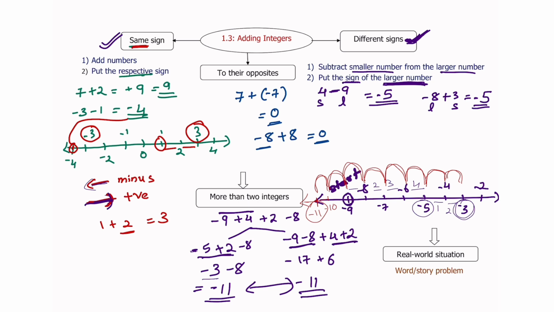And the final one here, you see, real world problems. Well, I'm not going to solve them or explain them here. This becomes clearer when we do the actual questions. The process to solve a real world situation is the same. Either you'll have the same sign, different signs, they will be opposites, or there will be more than 2 integers. So we are going to follow one of these 4 subsections.